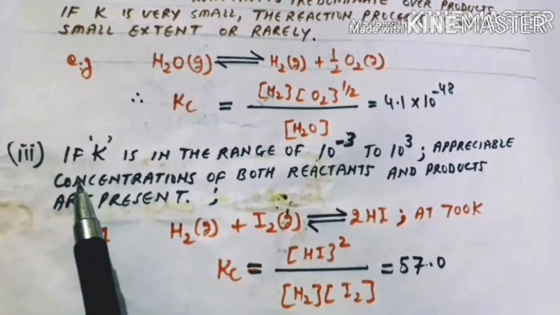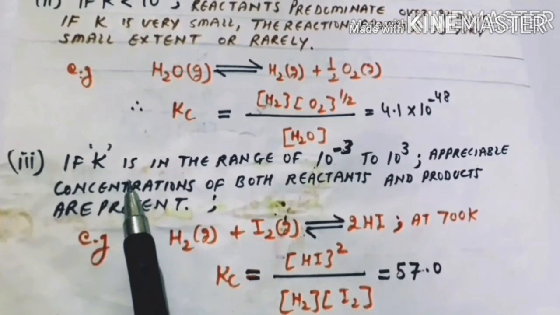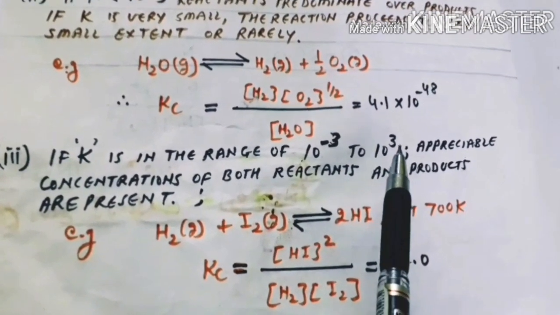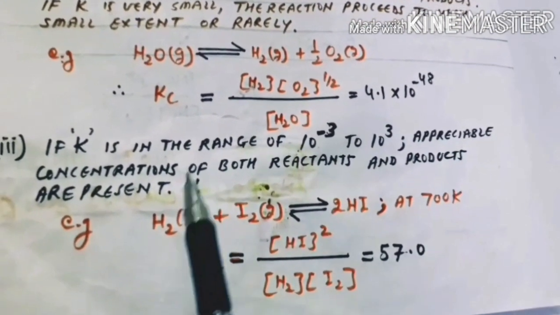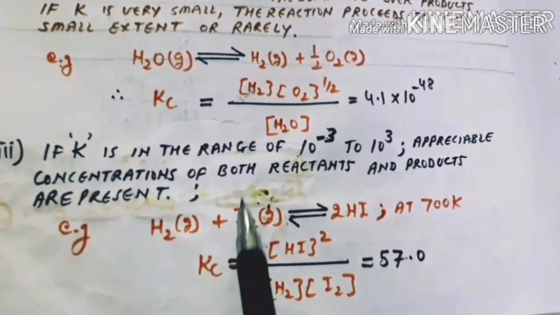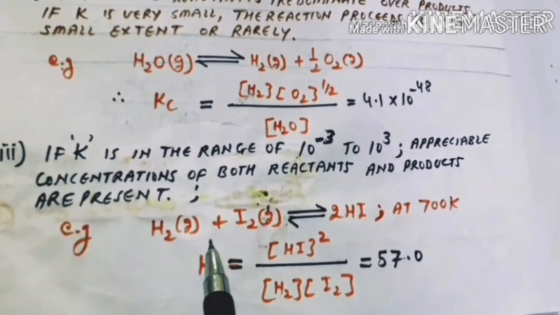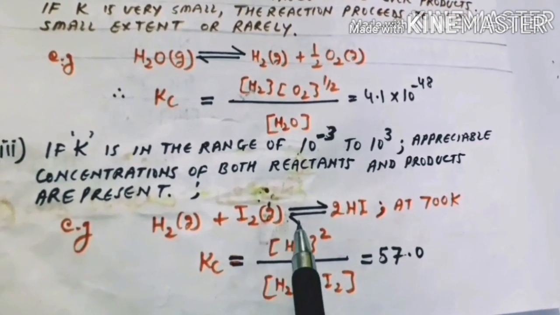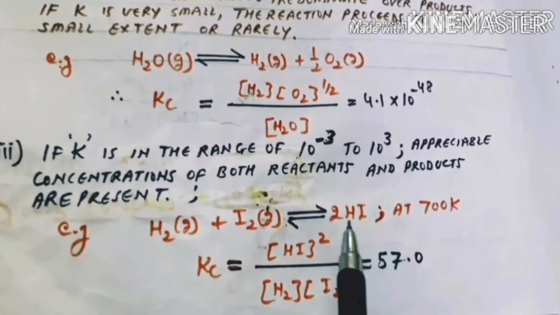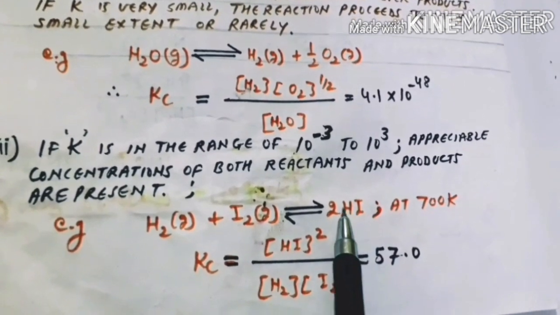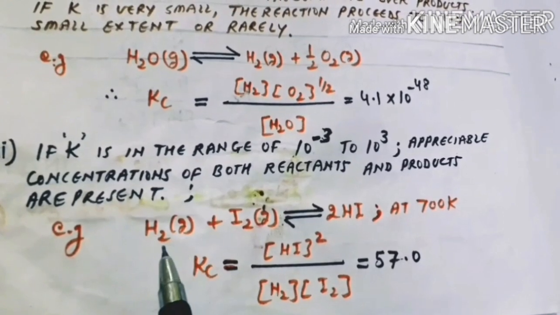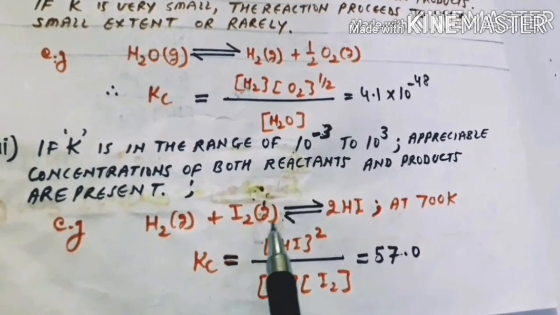In the third case, if the value of equilibrium constant K is in the range of 10^-3 to 10^3, then it means appreciable concentrations of both reactants and products are present. For example, here is the reversible reaction in which 1 mole of hydrogen gas reacts with 1 mole of iodine gas to produce in the forward direction 2 moles of hydrogen iodide gas, and 2 moles of hydrogen iodide gas in the backward direction decompose to give back the reactants, that is 1 mole of hydrogen gas and 1 mole of iodine gas.